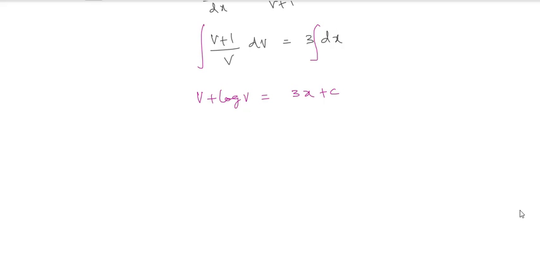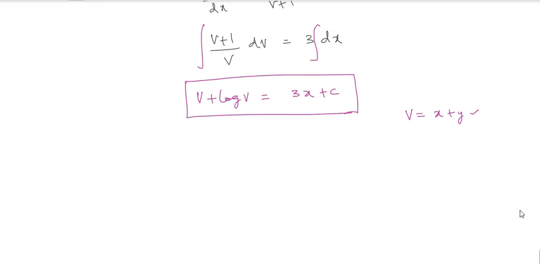Then how can I do it? What is your v here? This is actually the solution for the variable separable method. Am I correct or not? So you know v is equal to x plus y. I just substituted. So just substitute that v as x plus y. x plus y plus log of x plus y is equal to 3x plus c.